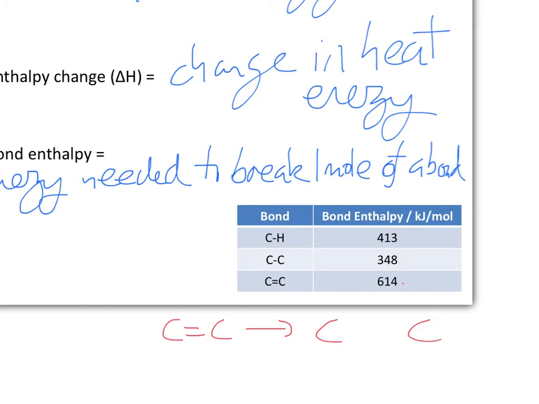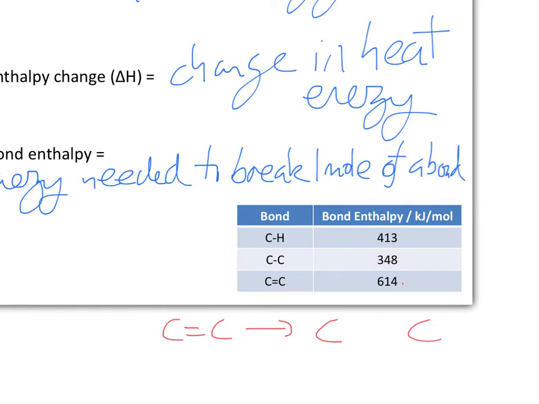Interesting, or potentially interesting, that the double bond doesn't require double the amount of energy to break it, does it? Significantly less than double. So that suggests there's something slightly fishy going on with that second bond. Anyway, that's a story we cover at A level.